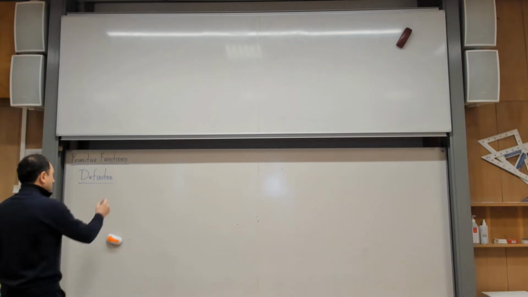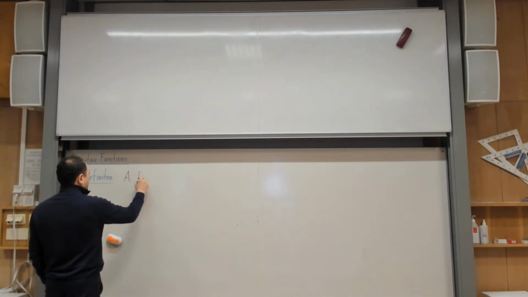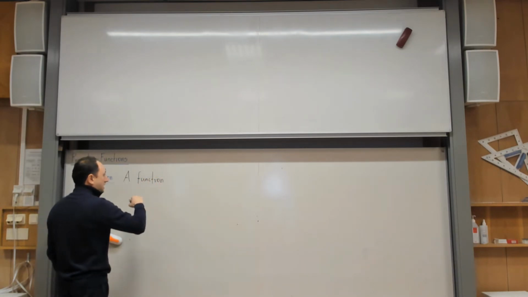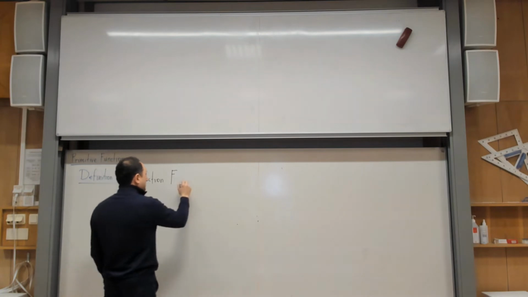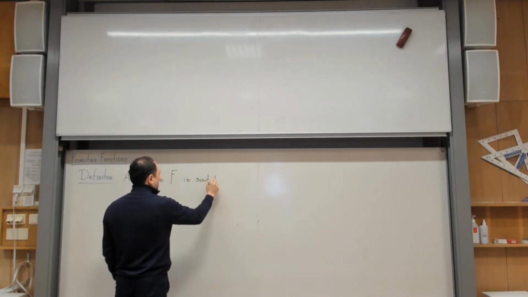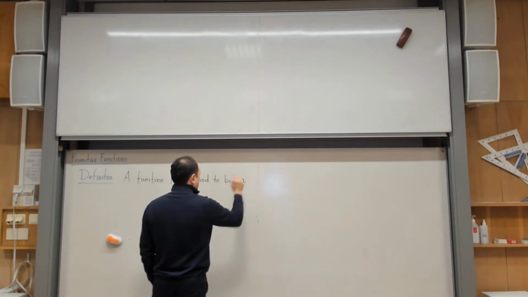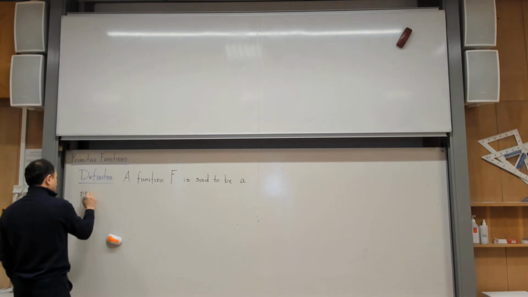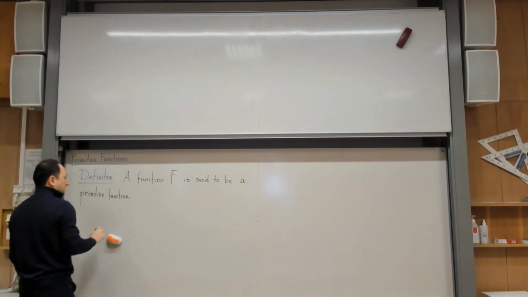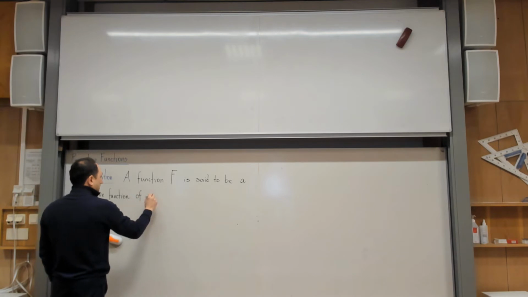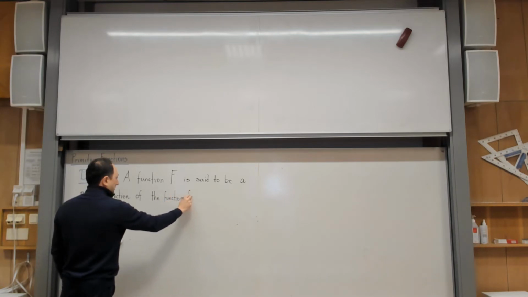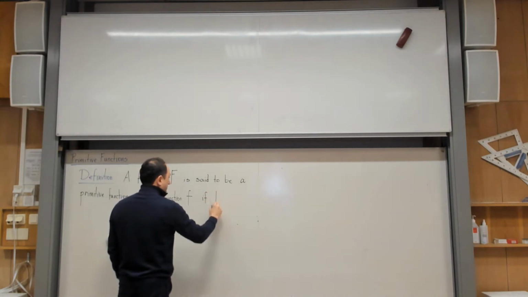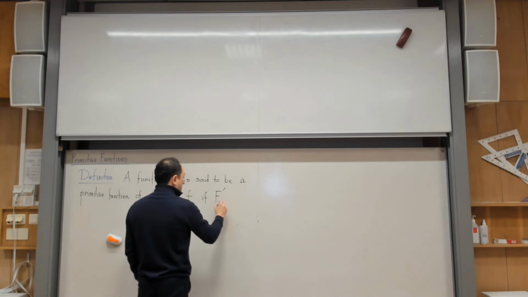A function, and this is standard notation, we denote it by capital F. A function capital F is said to be a primitive function of the function little f if the derivative of the capital F becomes the little f.